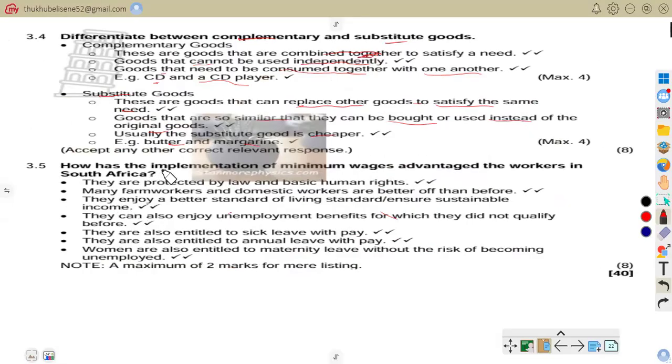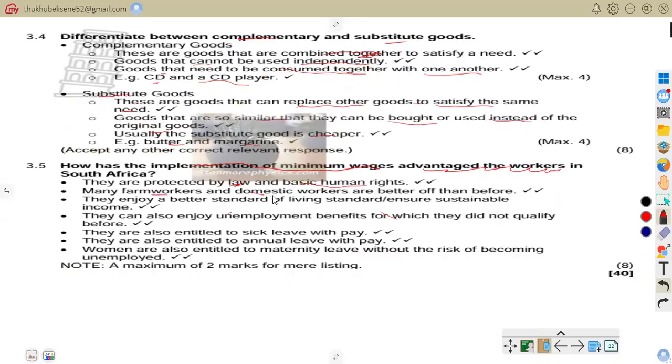How has the implementation of minimum wages advantaged the workers in South Africa? They are protected by law and basic human rights. Like I've said, they improve worker conditions because you're going to get a better salary. Your standard of living is going to increase as well.